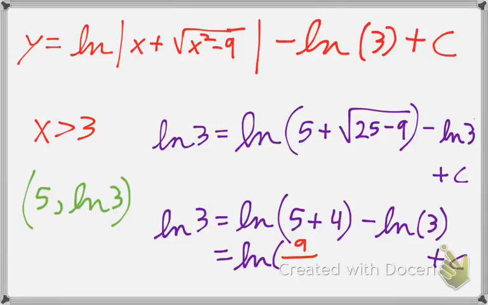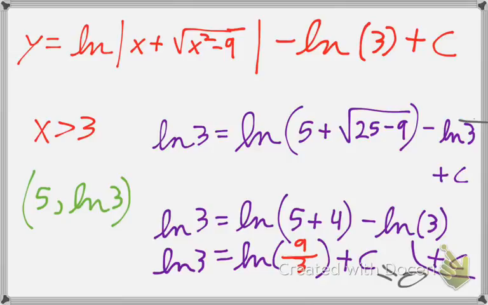It'd be 9 over 3. The 9 is coming from the 5 plus 4, and then you just divide it by 3 because you can combine logs in that way, plus c. So ln of 3 is equal to natural log of 9 divided by 3, so c comes out to be 0, since we'll have natural log of 3 is equal to natural log of 3 plus c.